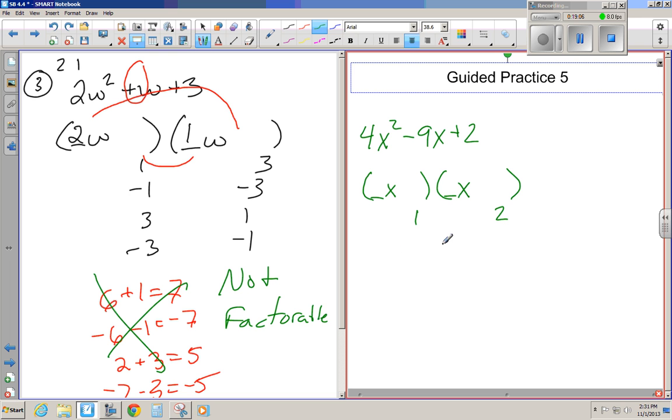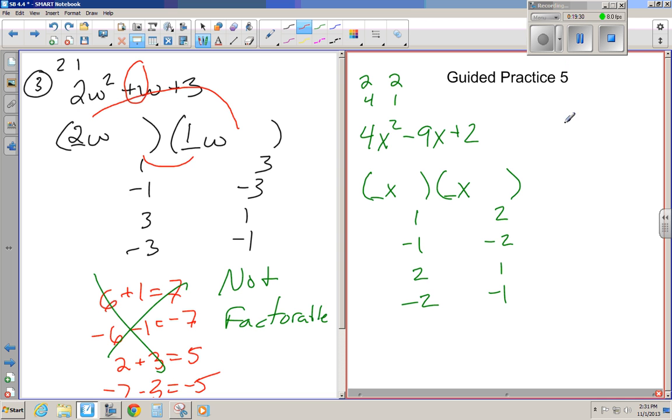1 and 2. Negative 1, negative 2. And the reverse. 2 and 1. Negative 2 and negative 1. So those are factors of the 2. Now let's look at some factors of A. 2 times 2 or 4 times 1.